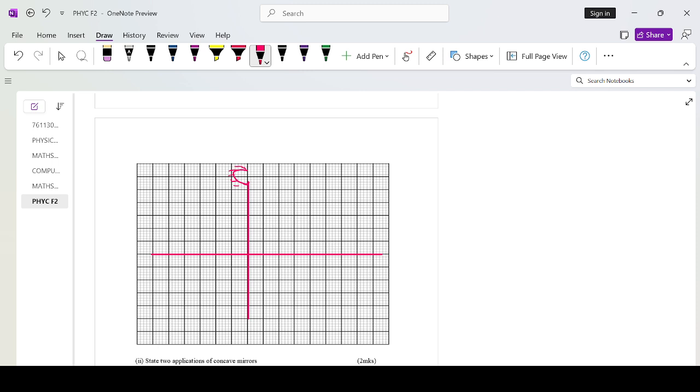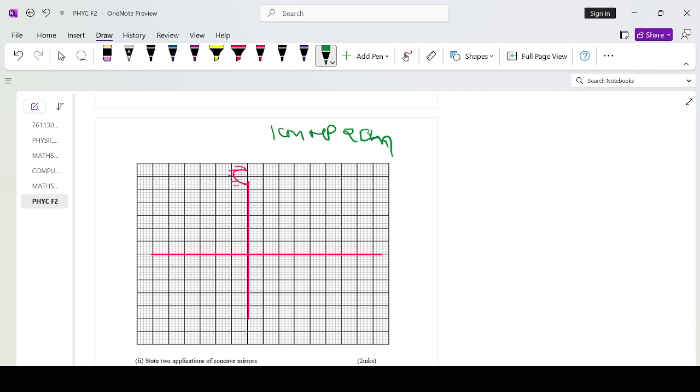So first of all, let me get a suitable scale to use here. Let me use a scale of 1 centimeter to represent 2 centimeters.